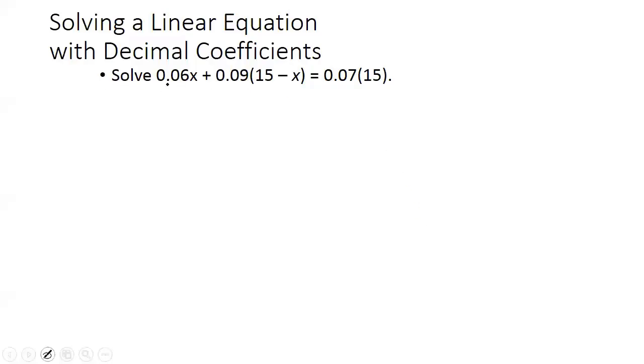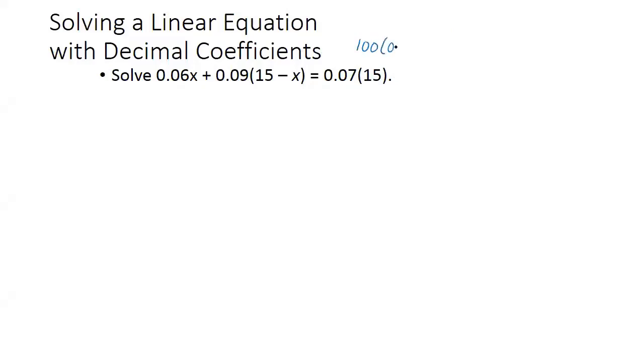Okay, so I have an equation involving decimals here. And in order to eliminate that, I have 2 digits after the decimal points, so if I multiply each term by 100, I can eliminate the decimals.